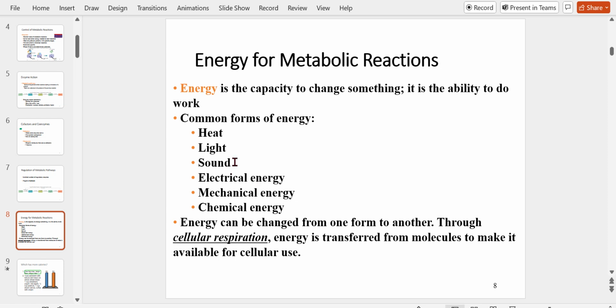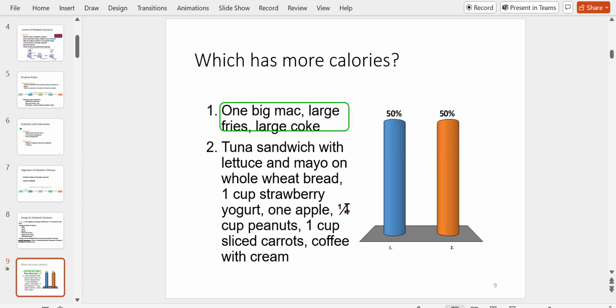Like a car hitting another car, it makes a heck of a sound. A lot of the energy in the car crash was converted to sound. Interesting, eh? Energy can be changed from one form to another. Through cellular respiration, energy is transferred from molecules to make it available for cellular use. A little bit about energy there.